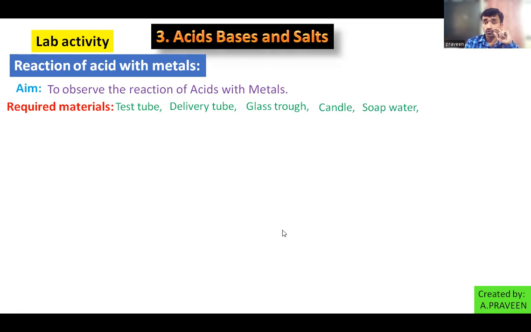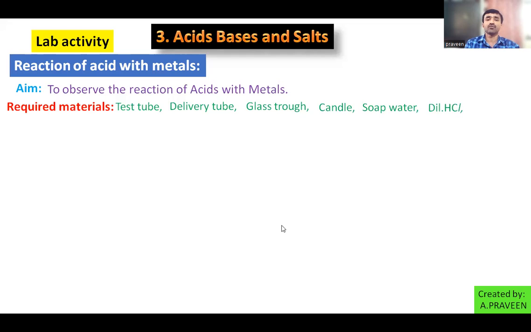Soap water produces bubbles to identify the liberation of a gas, or to visualize the gas production. We are unable to see the gas directly, right? When the gas passes into a liquid, it produces bubbles. For that purpose I am collecting the soap water.